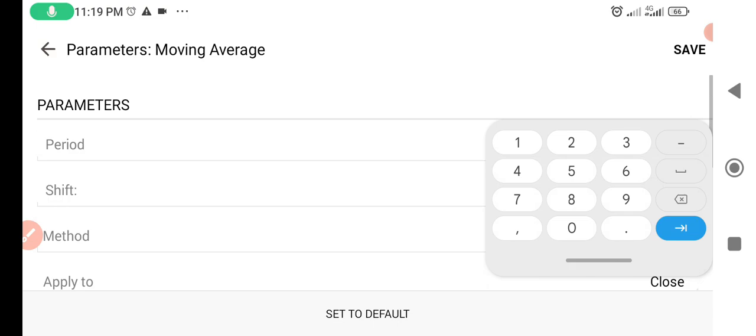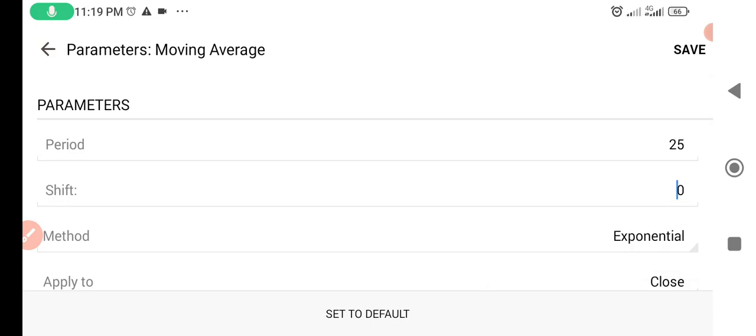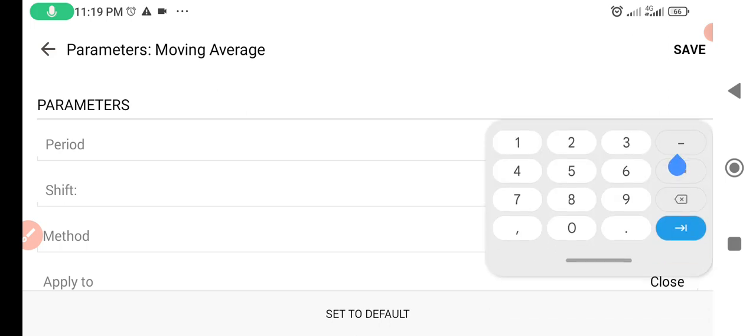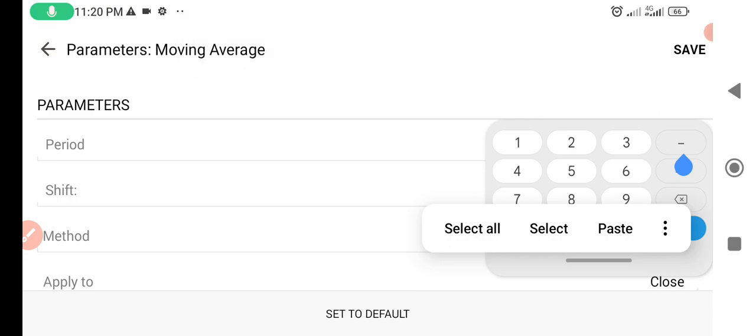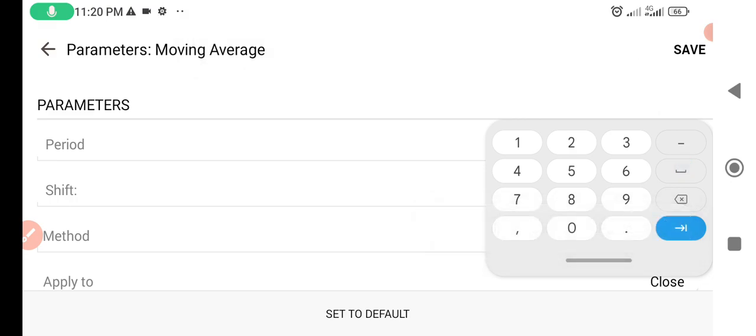The method is still exponential, but we're trying to edit the period to 10.